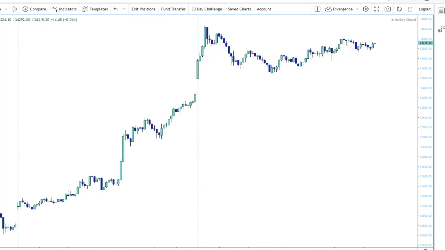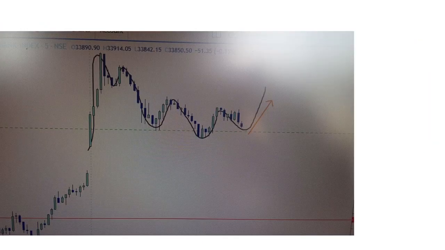Obviously I couldn't make live videos while I am in the trade, because I have to make so many decisions during and after the trade. But I wanted to make an educational video about the analysis behind taking that trade. This was the image I posted, saying I'm bullish on Bank Nifty.